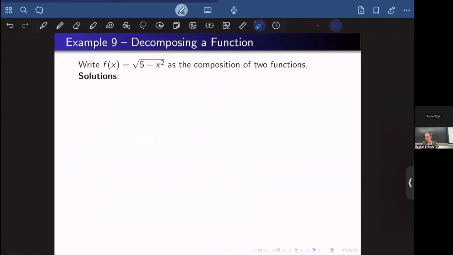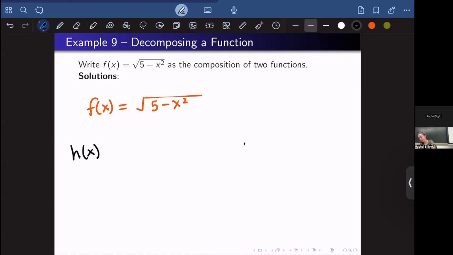And so this last example, we're going to write a function as the composition of two functions. So we're given f of x is equal to the square root of 5 minus x squared. That square root we can break into, let's say we now have an h of x and a g of x. Our h of x can just represent the square root portion.